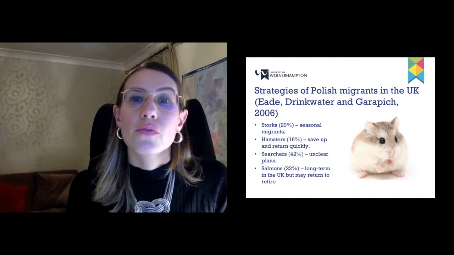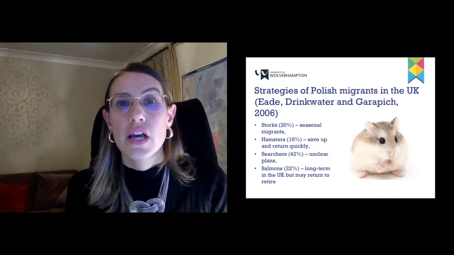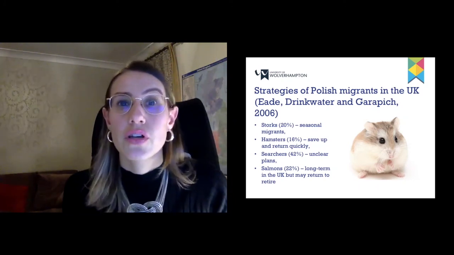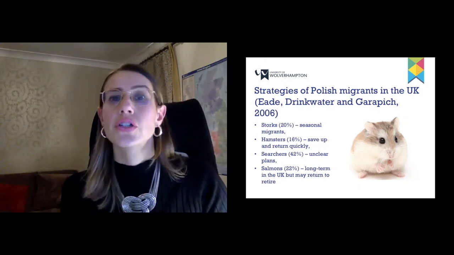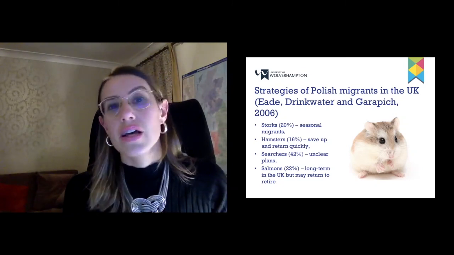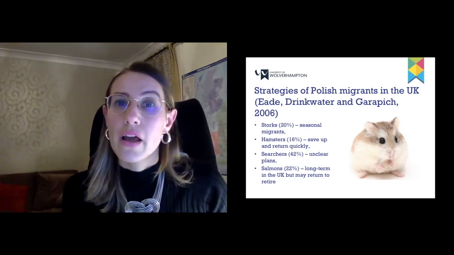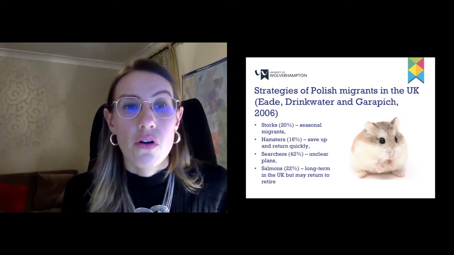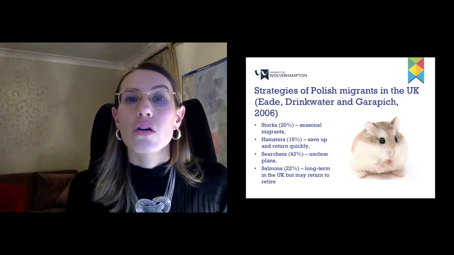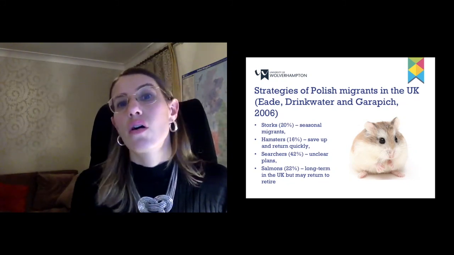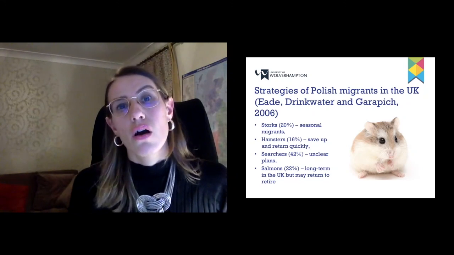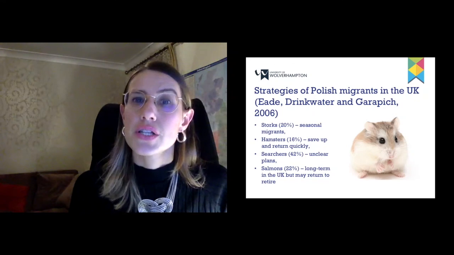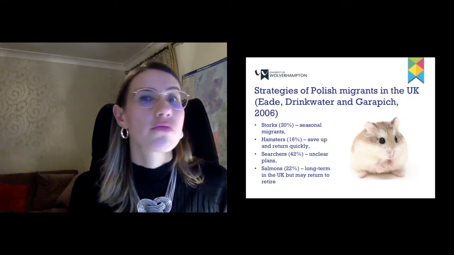From my own research among Polish migrants in the UK, I know there are many different reasons people decide to come here, save money, and return quickly, such as getting married and paying for the wedding reception and all the other costs involved, or setting up a business, or building a house, or buying a property.